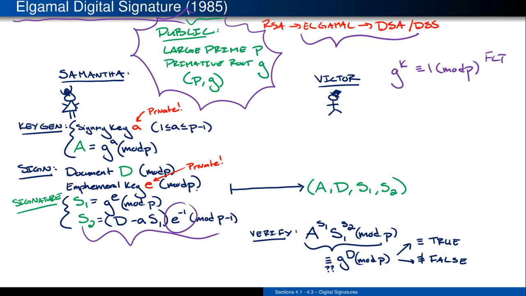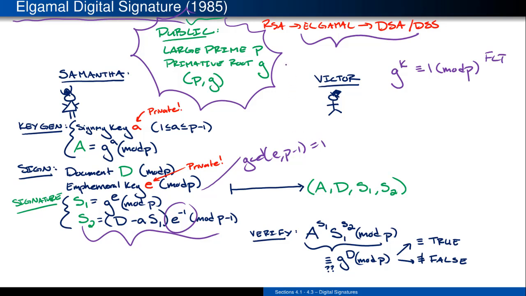What that means is that the number E has to play nicely with the number P minus 1, which is to say the GCD of E and P minus 1 needs to be a 1. So this one-time E is not completely random in that it can't just be any random number from 1 to P minus 1. It has to be specially chosen so that it plays nicely with P minus 1.